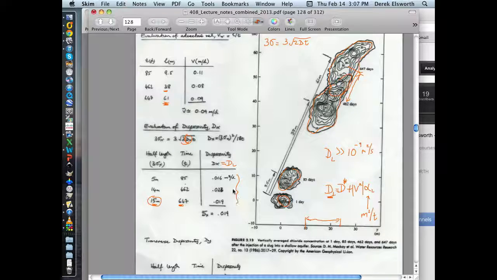So the question is, if this is 0.02 meters squared per day, so it's 2 times 10 to the minus 2 meters squared per day, what is that in meters squared per second? Is it big or small relative to this? And so how many seconds in a day?